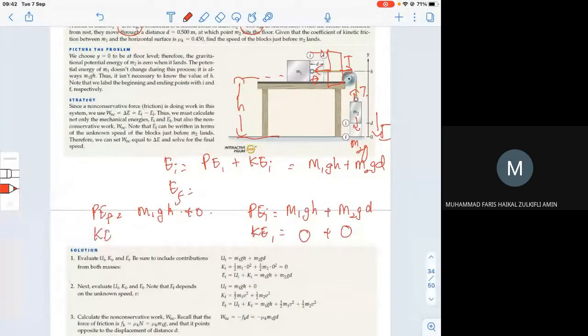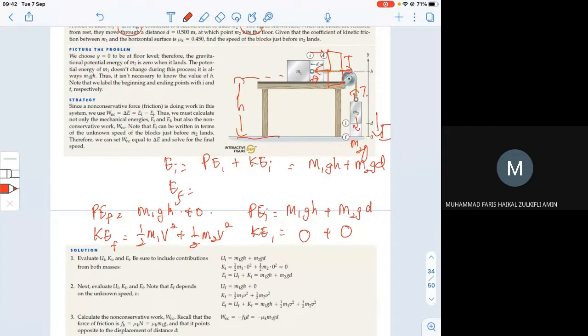KE final. So KE final ialah half M1 V square, plus dengan, dia dah bergerak, half M2 V square.